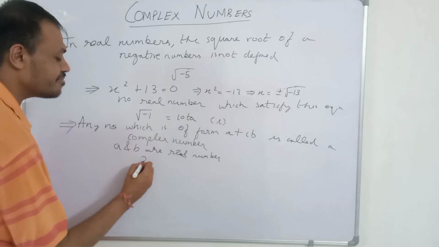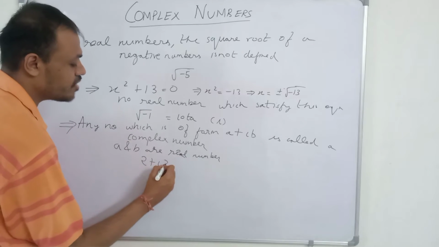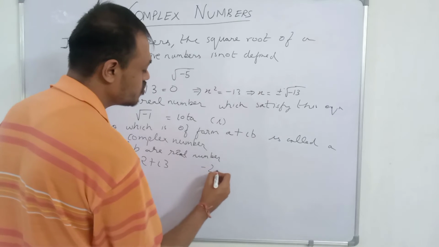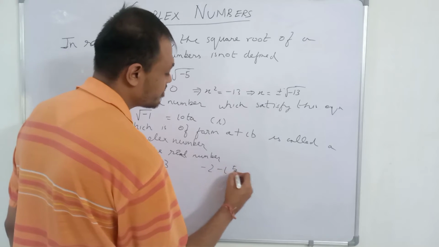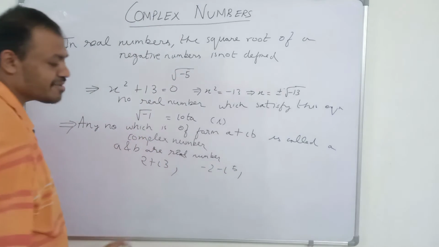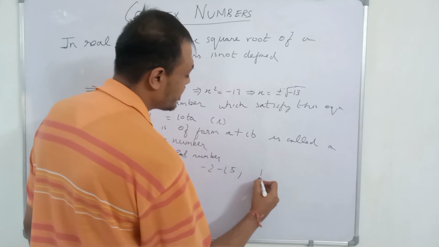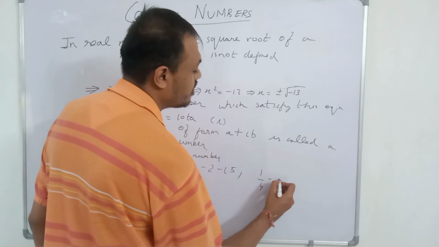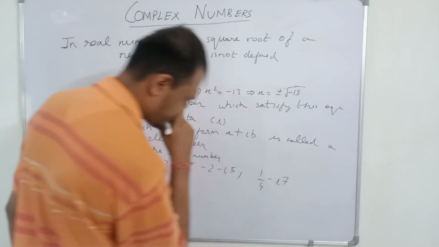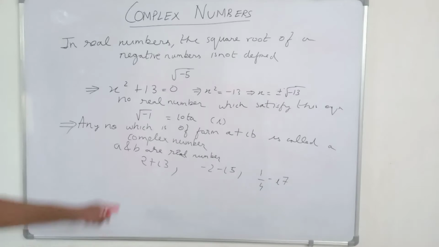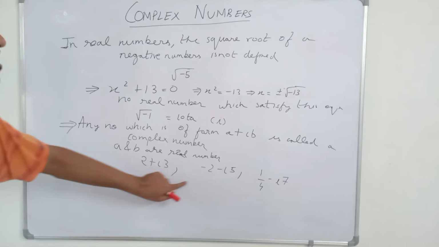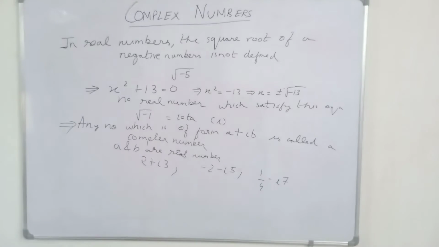So if we take examples, then 2 plus iota 3, minus 2 minus iota 5, 1 upon 4 minus iota 7 are a few examples of complex numbers.